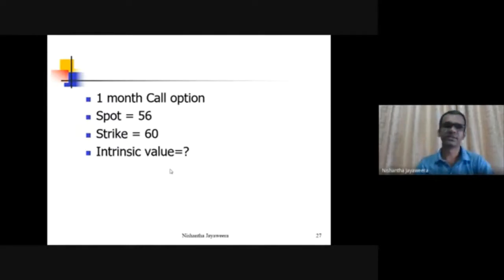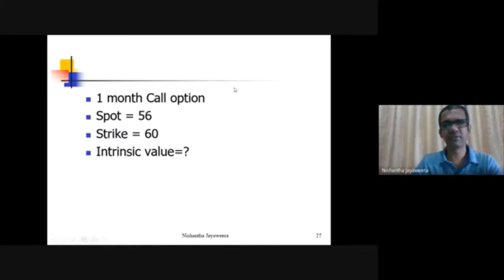Zero. Yes. Why? We do not exercise the option. Yes. Basically, a call option has a positive intrinsic value when the spot price is higher than the strike price.